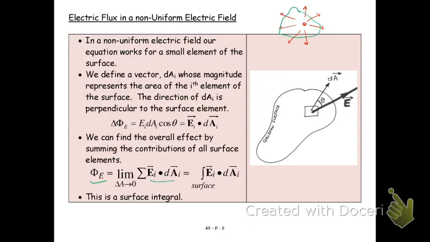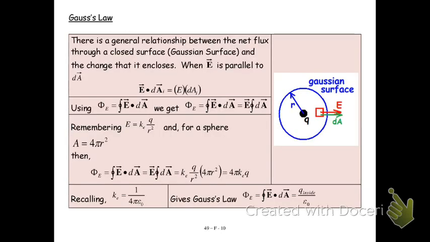I'm going to get to the stage, it's not on this page, where the flux will equal the sum of all these little calculations that I do, and that will equal the charge inside divided by a constant. And that's phenomenal, because what that means is if I know the charge inside, I can work out an electric field.